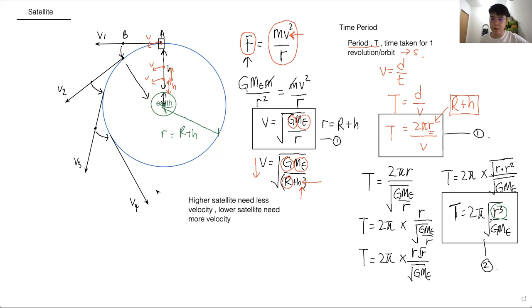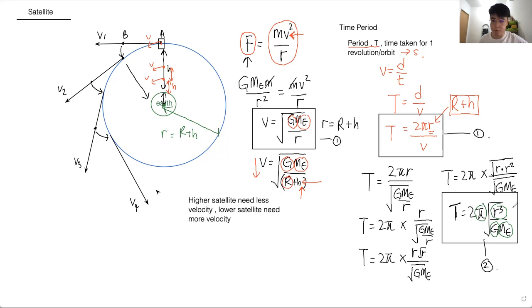Okay, so what are the constants? G is constant, ME is constant, pi is constant. 只有一个东西会 affect r cubed，这个 orbital radius 会 affect 你的 period。意思是说，如果你的 satellite 很靠近地球的话，它的 orbital radius 小的话，它的 period 会什么？它的 period 会 this one.